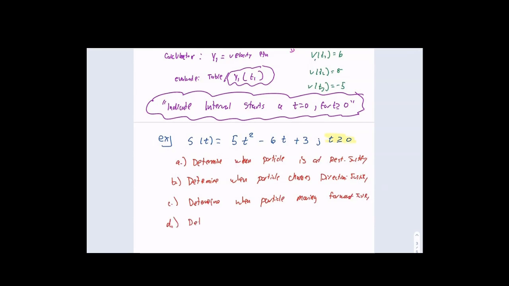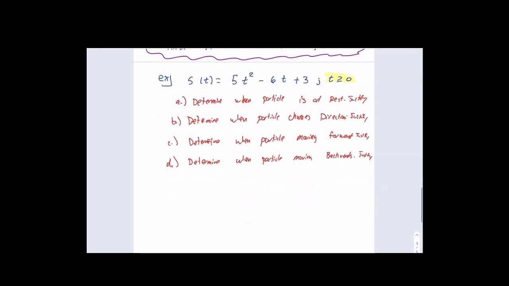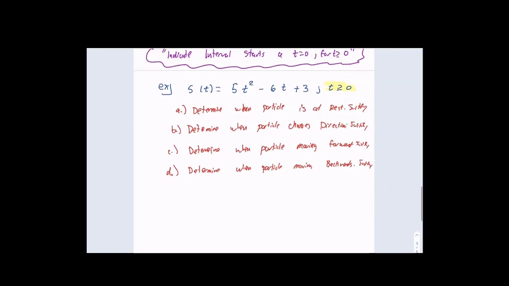D, determine when particle moving backwards, justify. Let you have a little bit of time to write that down. I'll give you a minute. Now, these instructions I've given you are the same instructions that you have on your homework.